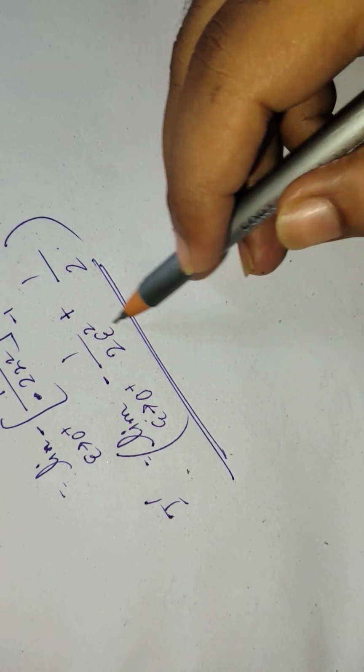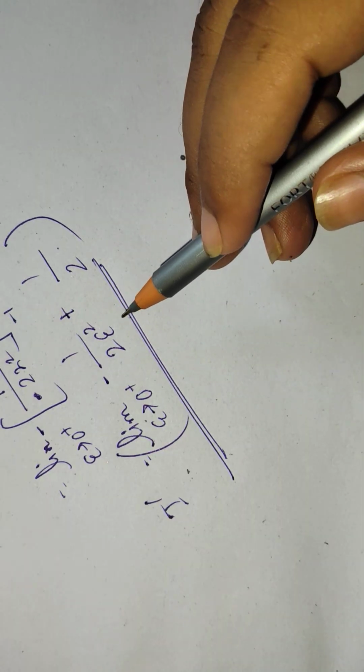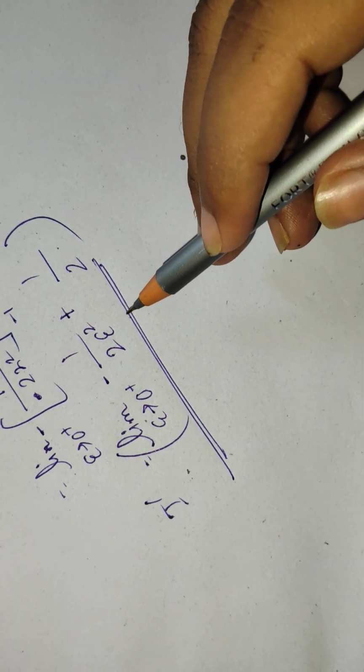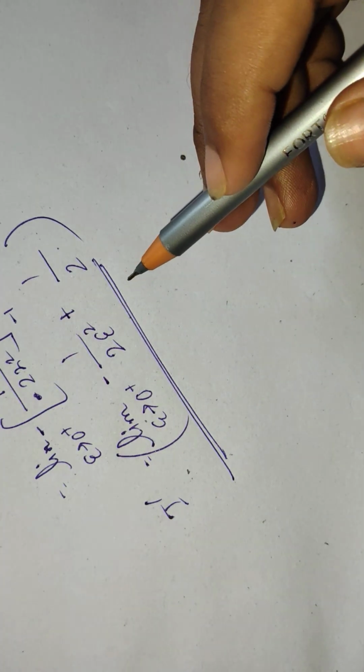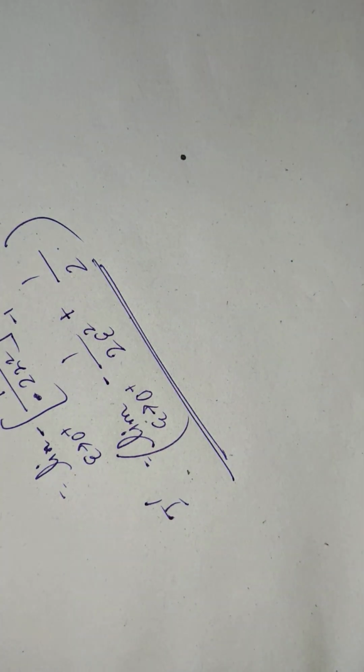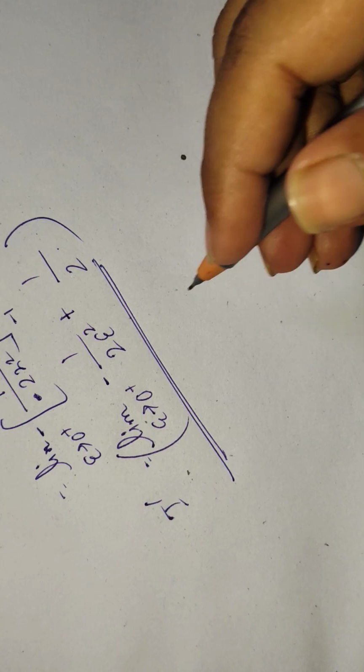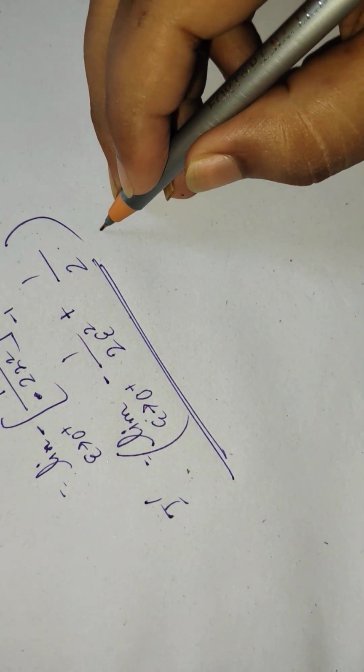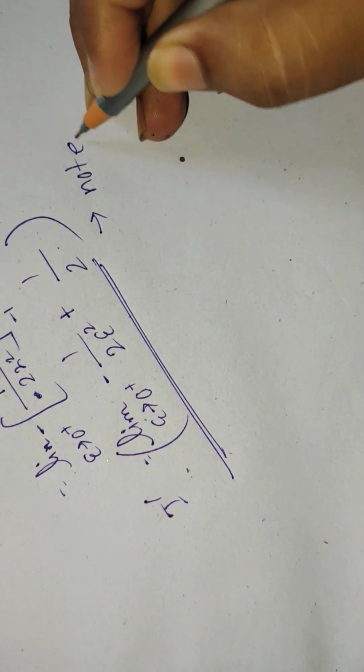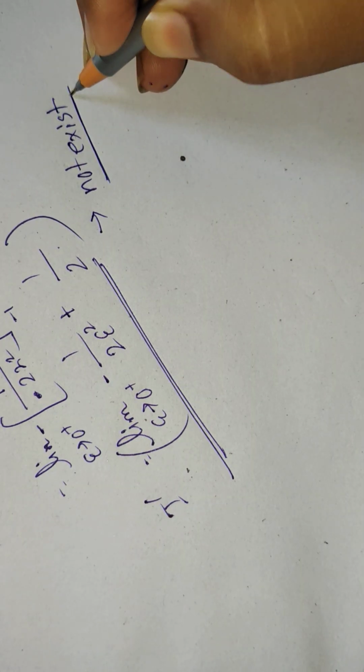So 1 by a very, very small number which is tending towards infinity, and there is a minus symbol, so the answer is minus infinity plus half, which is basically again minus infinity, right? Because half can't do anything. It is like a negligible quantity in front of minus infinity. So the answer is, let's say, does not exist.